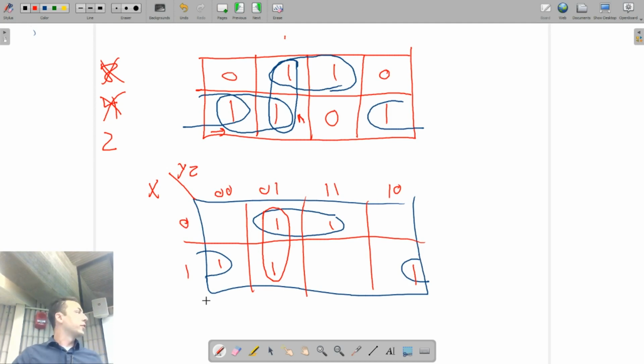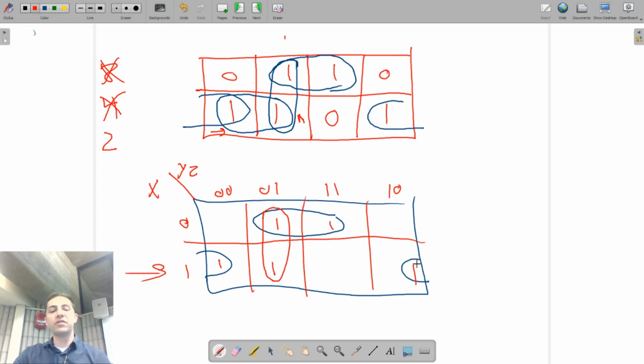Then what you want to do is find similarities for the things inside of your prime implicants. If inside of a prime implicant a letter stays the same value for all of the cells, it is included. For example, look at this bottom left and bottom right corner.